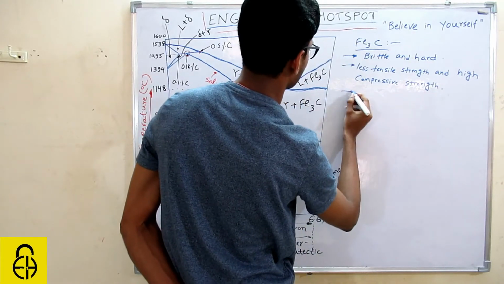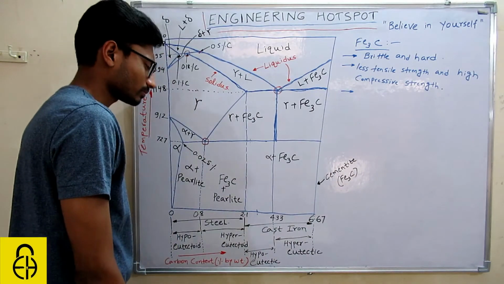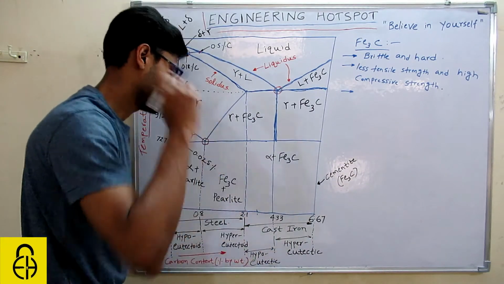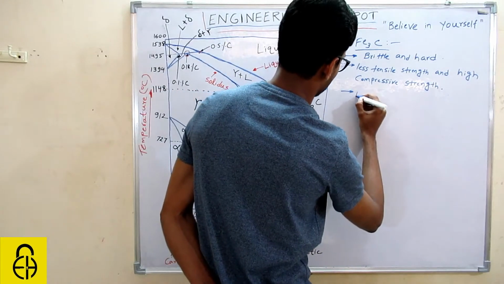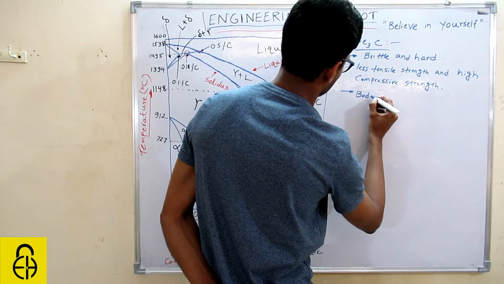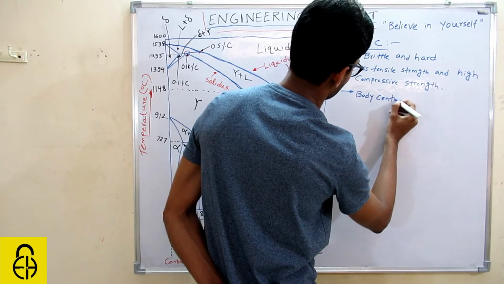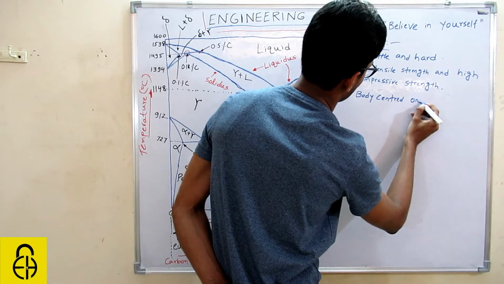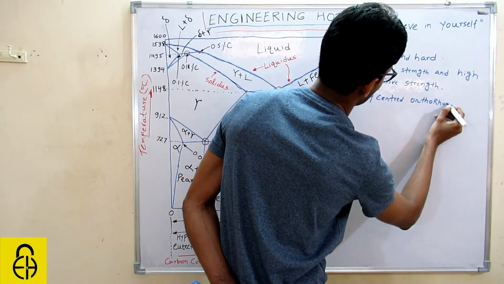These are the properties. Then the structure of cementite is actually called BCO, body centered orthorhombic.